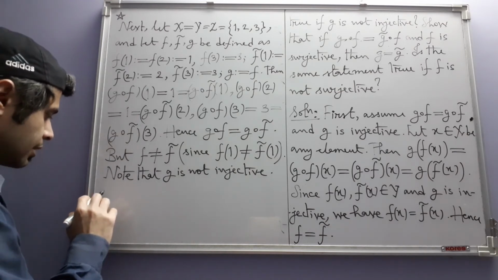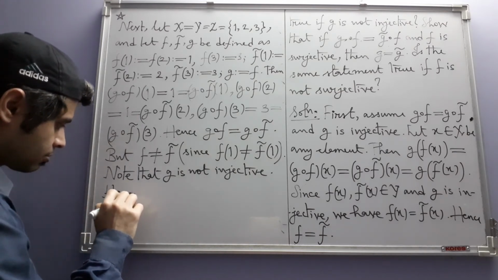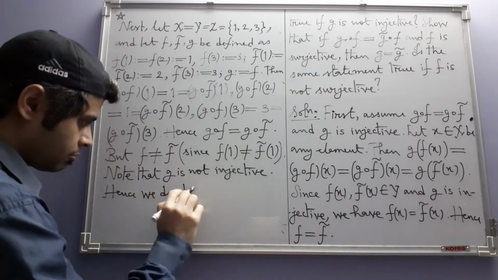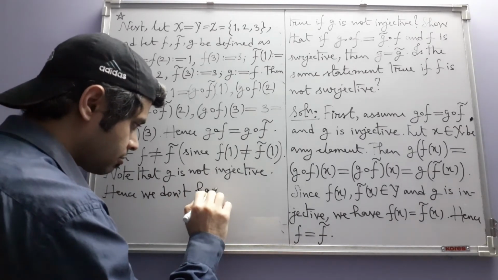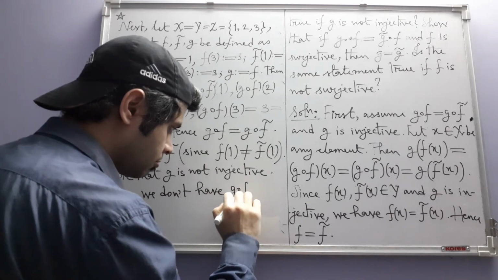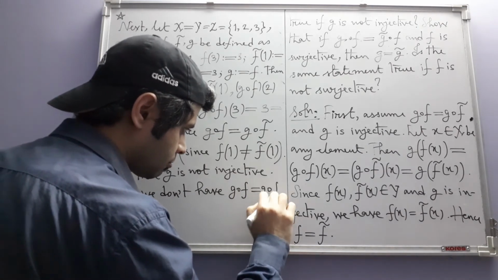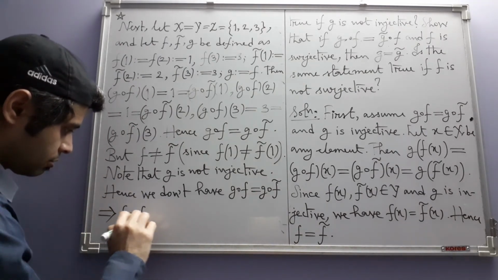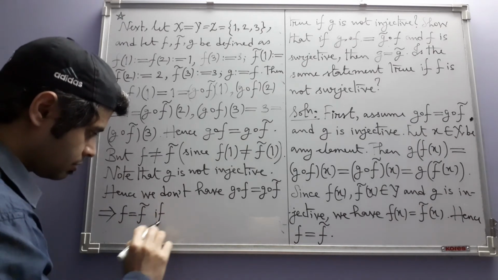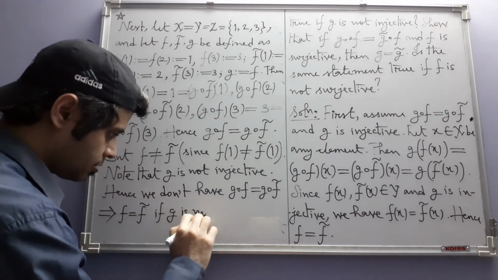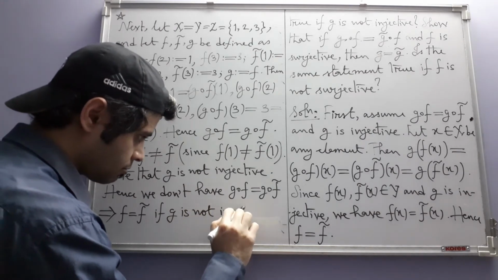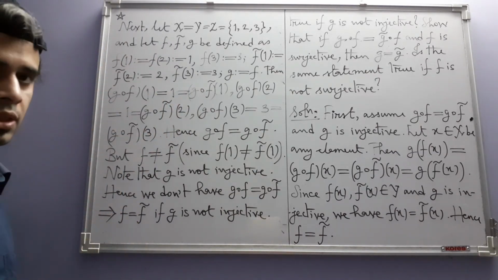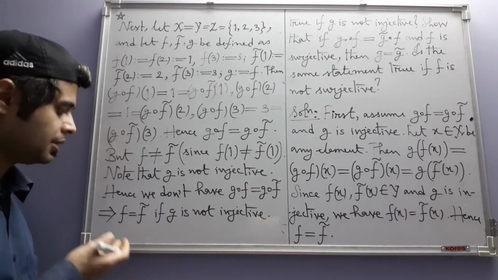So we can write that in fact, hence, we don't have this implying this if g is not injective. You may say that for some f and g, things may turn out to be actually true.